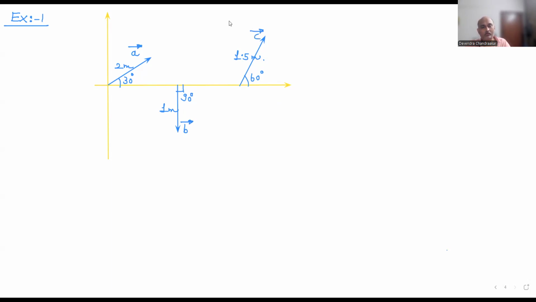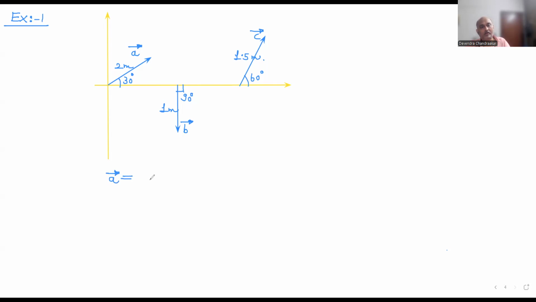What did I tell you? I told you to write the vector as a sum of its components, right? So first vector is vector A. Akshita, why are you late?